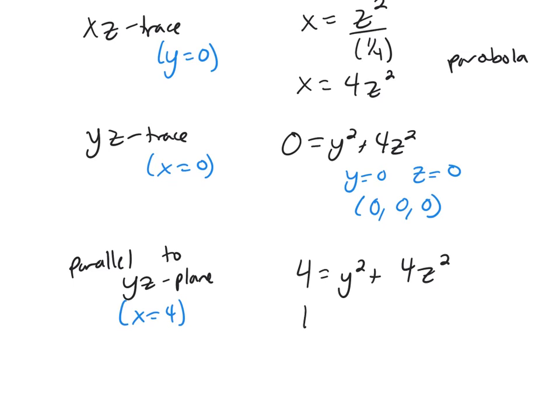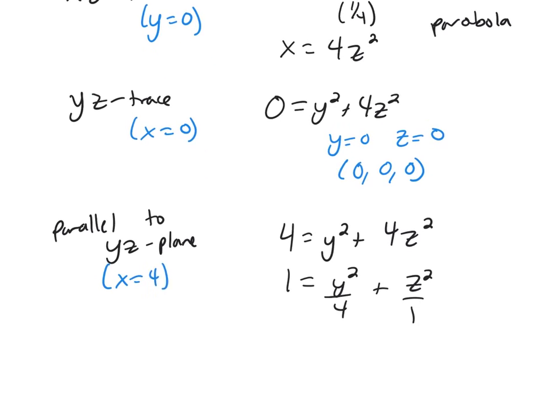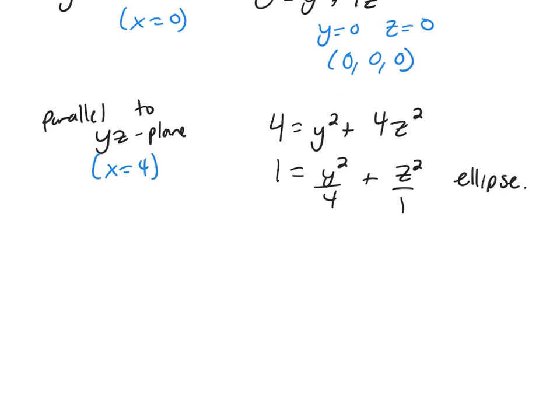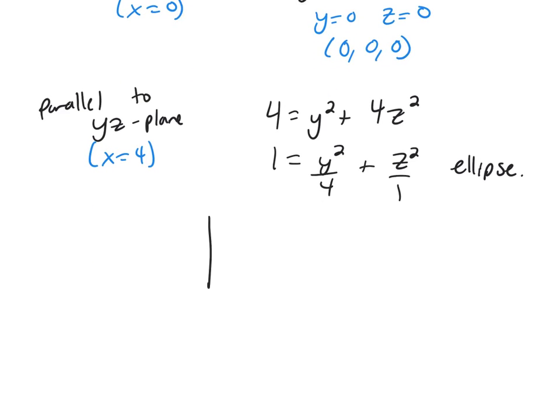If I divide everything by 4, you will see that you get the equation of an ellipse. So we're going to put all this trace information together into a single picture for my surface.